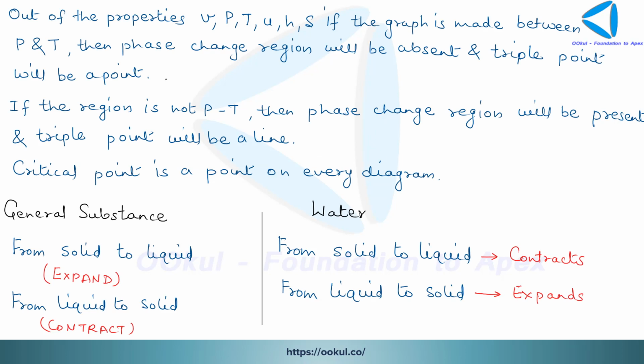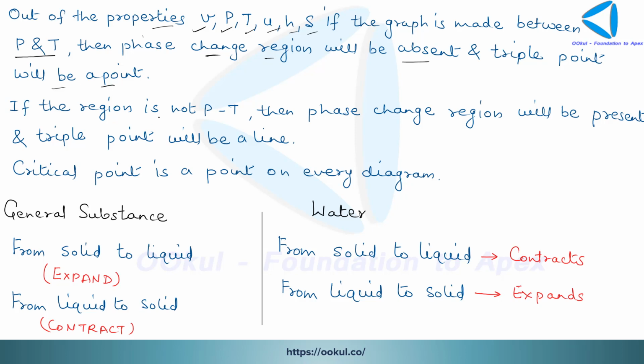Now see, it is written here that out of the properties V, P, T, U, H and S, that is specific volume, pressure, temperature, internal energy, enthalpy and entropy, if the graph is made between P and T, that is pressure and temperature, then the phase change region will be absent, and the triple point will be a point.